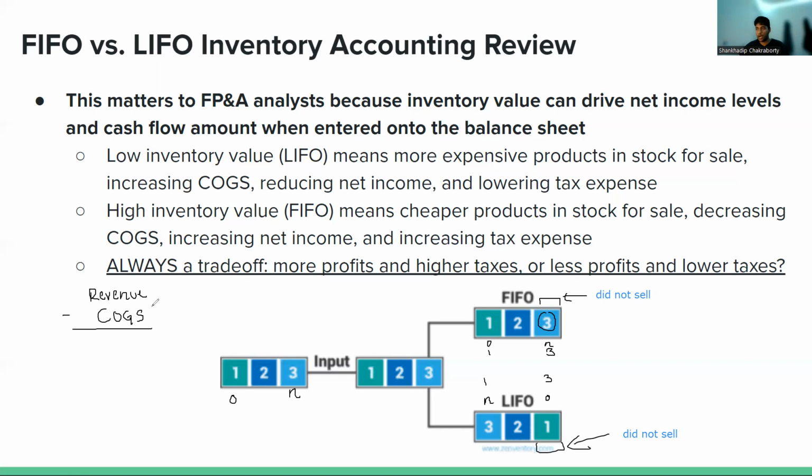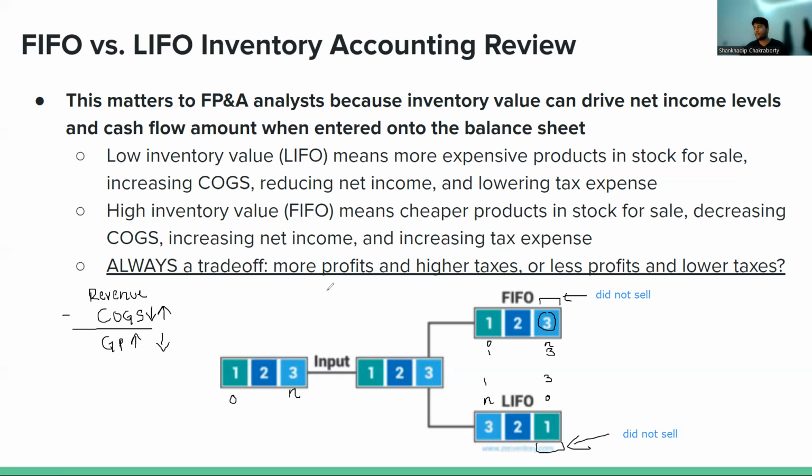So if your COGS goes down, that means your gross profit is going to go up. Because the thing that you're subtracting from revenue, if it's going down, then the difference goes up. And it's the same thing. If COGS goes up and it's more expensive, like the stuff that you sell is more expensive per unit, which is what happens under LIFO, then your gross profit goes down.